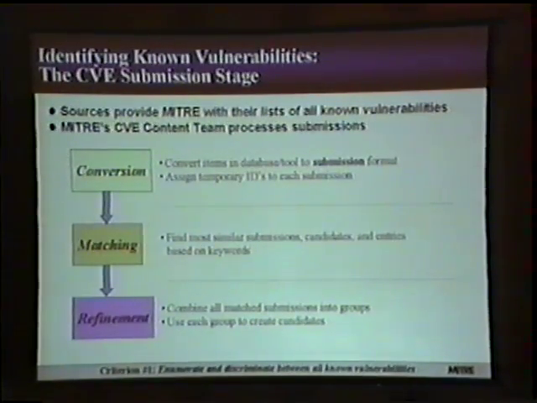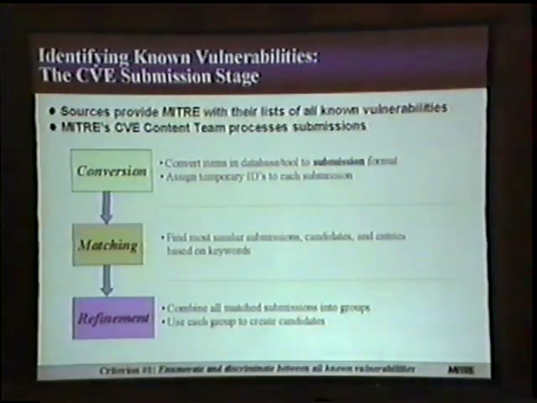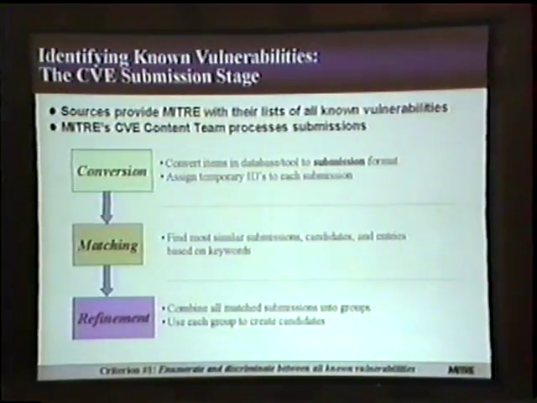So we get our vulnerability information to populate the CVE list from various sources. And we hold that internal within MITRE. We convert them into these things called submissions from these different data sources. We then take all of the submissions from all of the different sources. There's probably a lot of overlap between them.